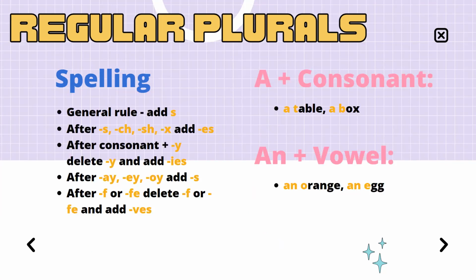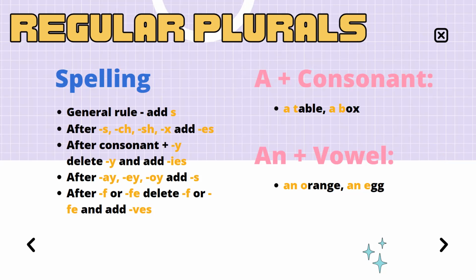So the general spelling rule is to add S, but if you have a word that ends in S, CH, SH, or X, you add ES, not S. If you have a word that ends with a consonant plus a Y, you have to delete the Y and add IES.